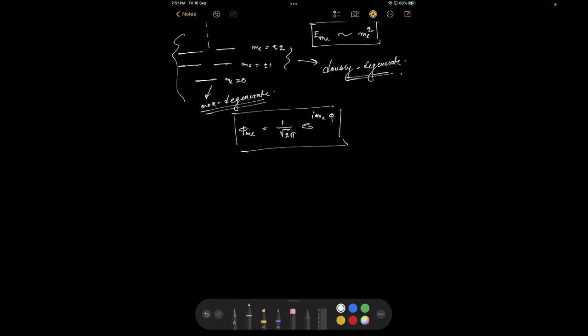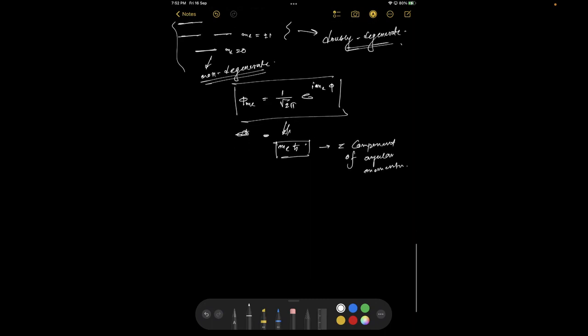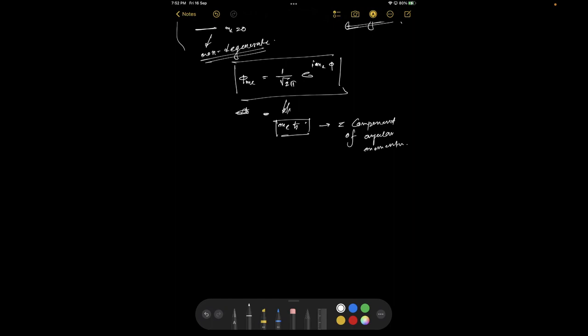Now if you operate the z component of angular momentum, the operator is basically minus i h bar del by del phi.